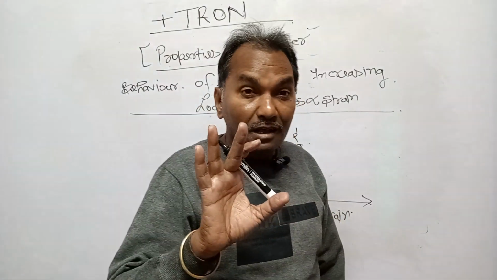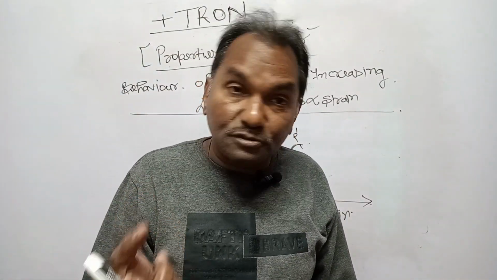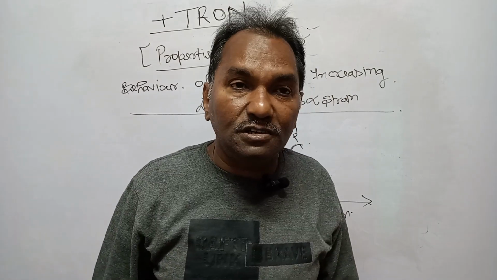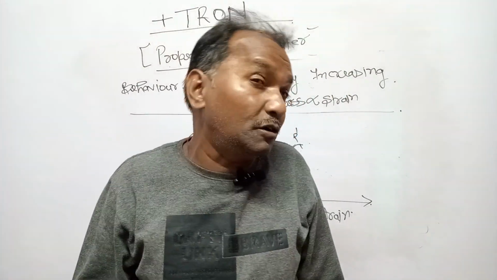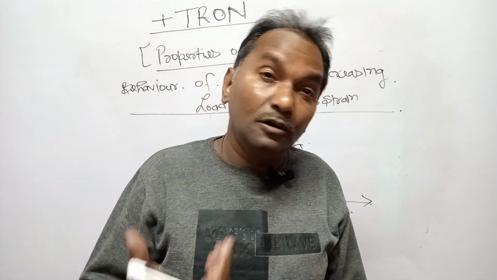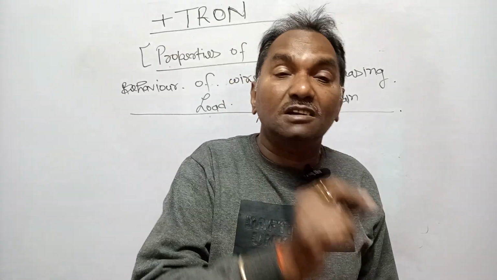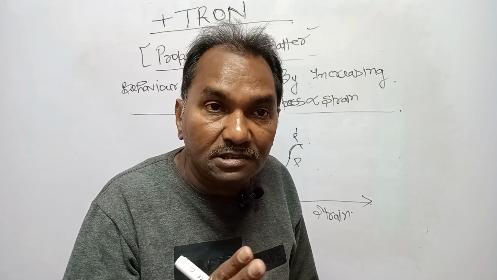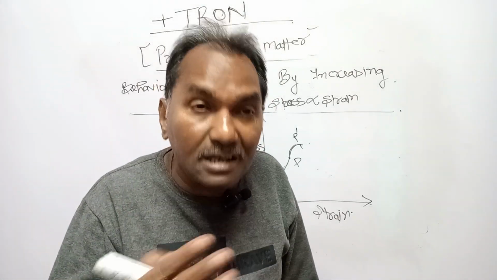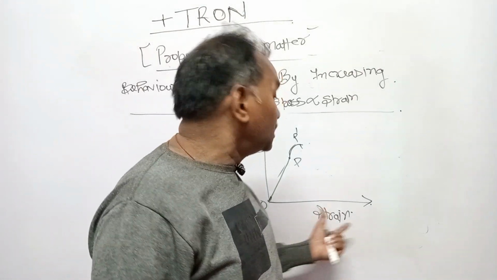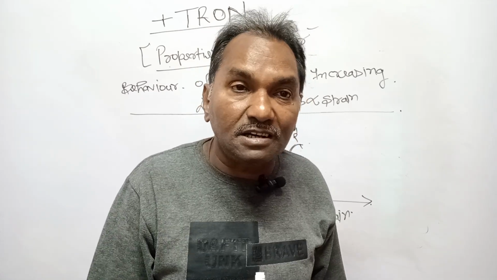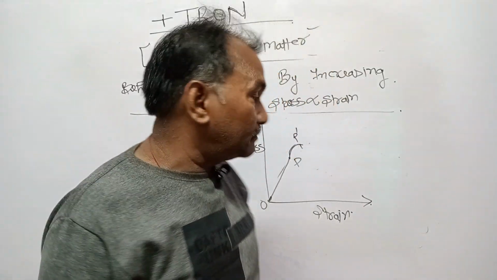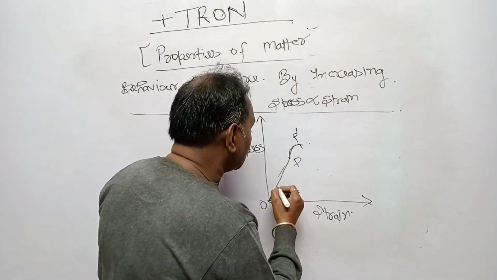Dear student, after the removal of the force, the body may regain its original status, but it is not sure that it will follow Hooke's law. Hooke's law means stress is proportional to strain. It means if you increase the load in the same manner, the length increases in the same proportion. But a time may come after the elastic limit.